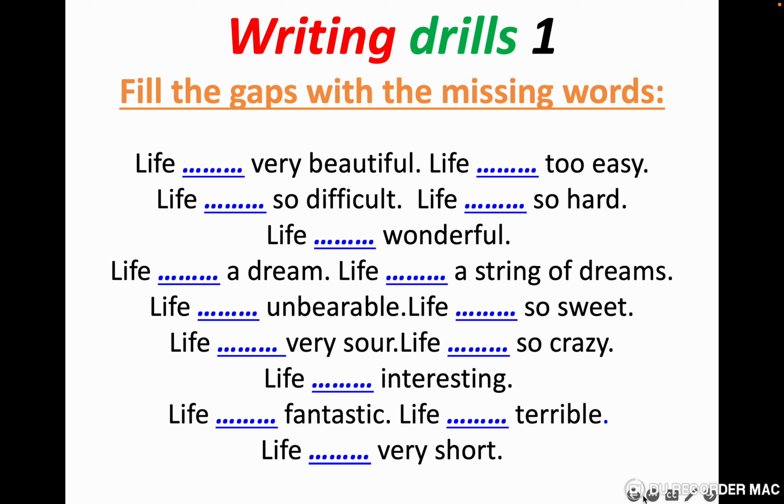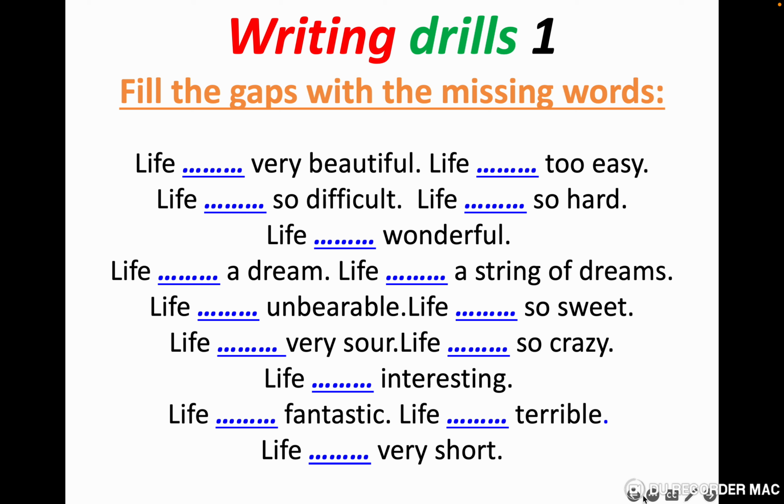Life, blank, very beautiful. So what's the missing word? It's very easy. Life is very beautiful. Life is too easy. Life is so difficult. Life is so hard. Life is wonderful. Life is a dream. Life is a string of dreams.